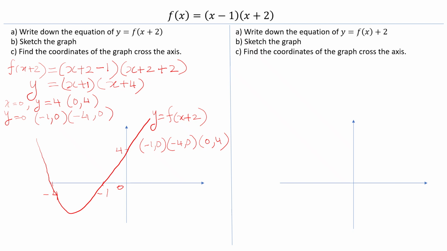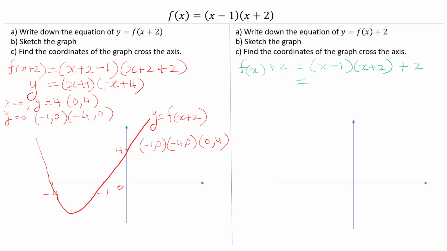Next question, write down the equation of y equals f(x) plus 2. The constant is outside the bracket, so x is the same. So (x minus 1) times (x plus 2), and f(x) plus 2, so add plus 2.